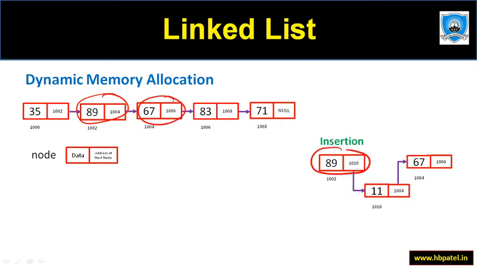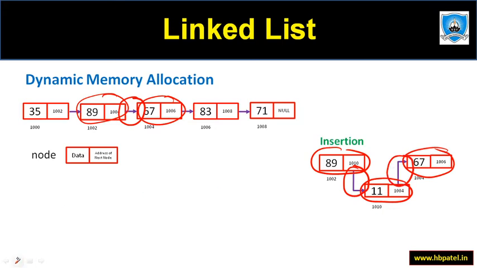Supposing this 11 is something I wish to insert between them. All I need to do is adjust a few pointers. Rather than 89 pointing to 67, I will make 89 point to this 11 and I will make 11 point to 67.